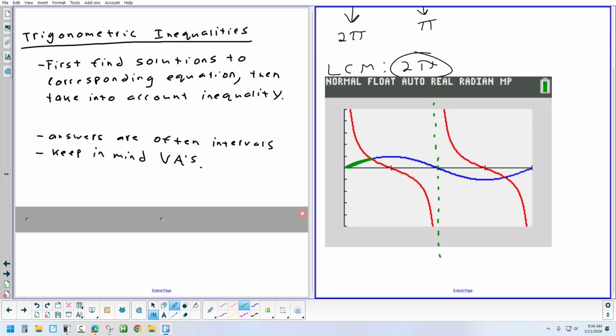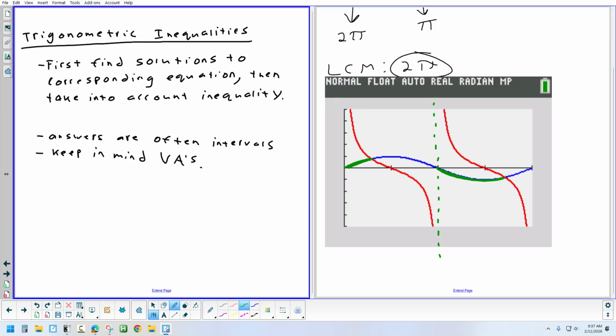And the next part, this part right here, that's above the cotangent. Then when we get past the vertical asymptote, it's below again. So those are the two intervals where sine is under the cotangent. So we have to find what they are. And those two intervals that I just traced in green are going to repeat every cycle. So once we find them, we're going to put a plus 2 pi n.